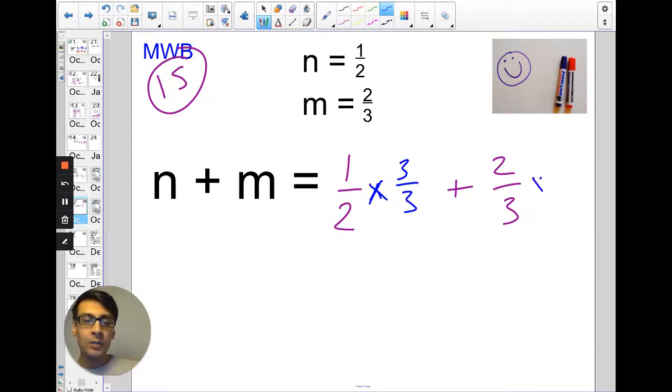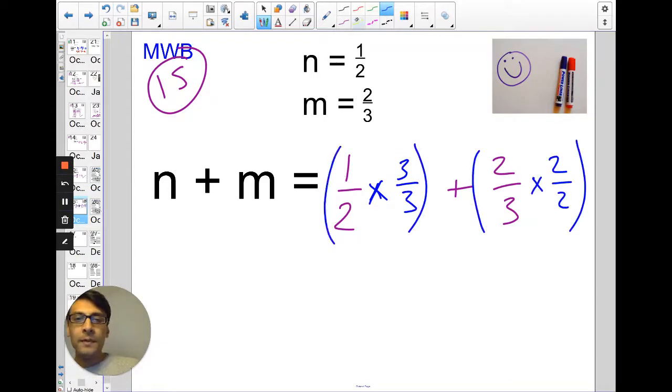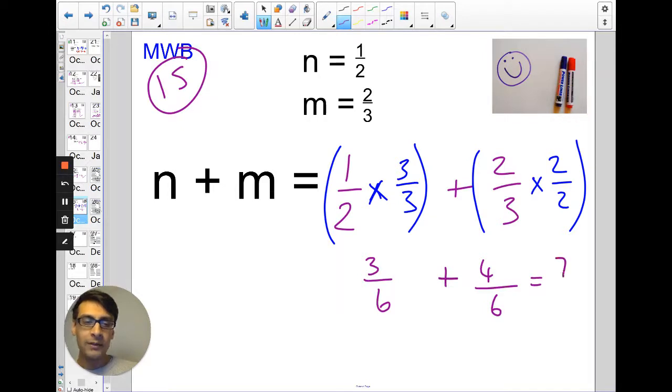I'm going to multiply this by 2/2. That then becomes 1 times 3 is 3, 2 times 3 is 6, 2 times 2 is 4, 3 times 2 is 6. So 3/6 plus 4/6 is 7/6. And that is your final answer. Give yourself a tick if you got that.